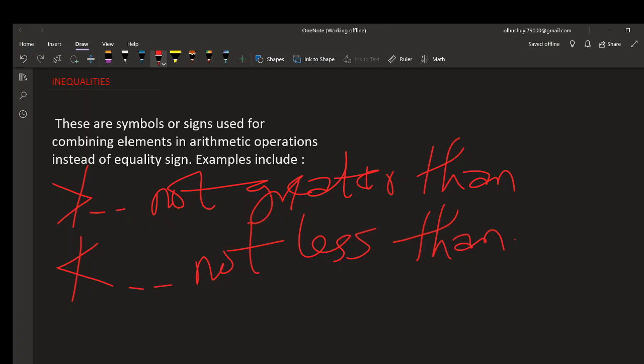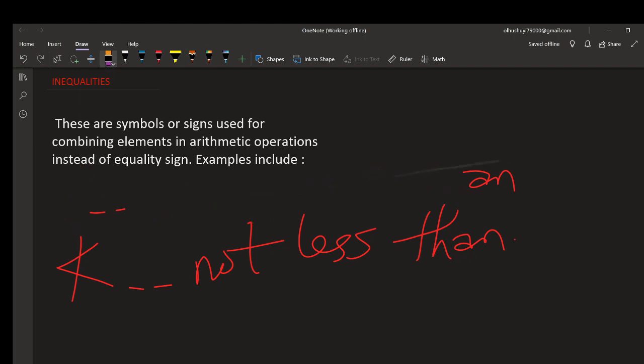Now let's talk about the properties of inequalities. There are two basic properties.